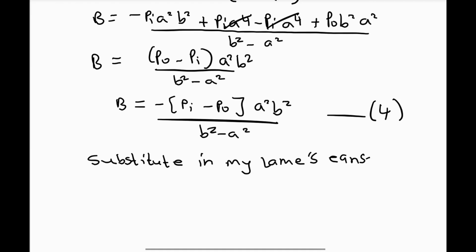Now, since I have my A term and B term, I then substitute in my Lamé's equations, which are sigma r equals A plus B over r squared. My tangential stress is equal to A minus B over r squared.